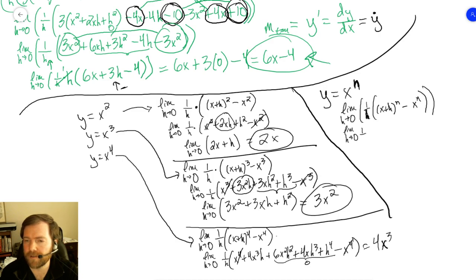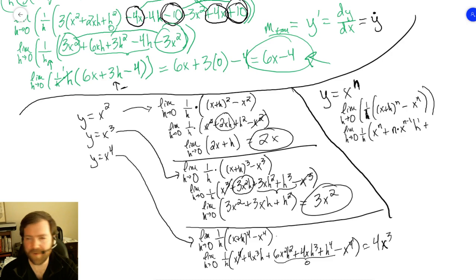I said I wasn't going to prove it, didn't I? This is going to end up being x to the n plus... Here's the interesting thing about Pascal's triangle. As you read across on the nth row, this is going to be n times x to the n minus 1 h to the first plus, and this next coefficient is what's called a choose.